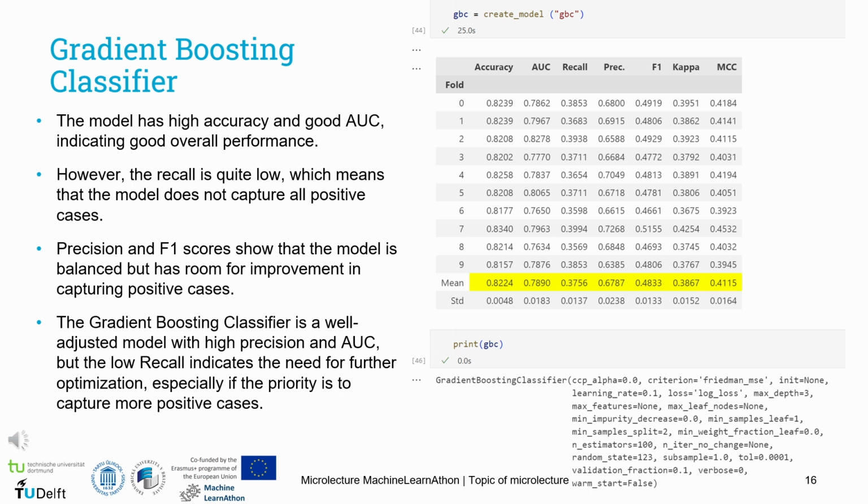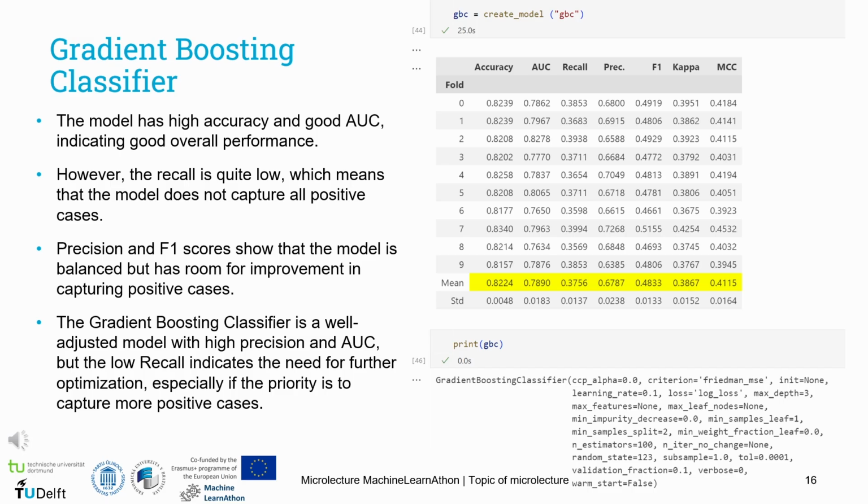In addition, both precision and F1 score are well balanced, which reflects the model's consistency across multiple validation folds. However, like the ridge classifier, the recall remains relatively low, only 37%. This indicates that the model misses a number of actual positive cases, which may be a limitation depending on the specific use case. Despite this, the model demonstrates stable and reliable performance, as seen in the low standard deviation.